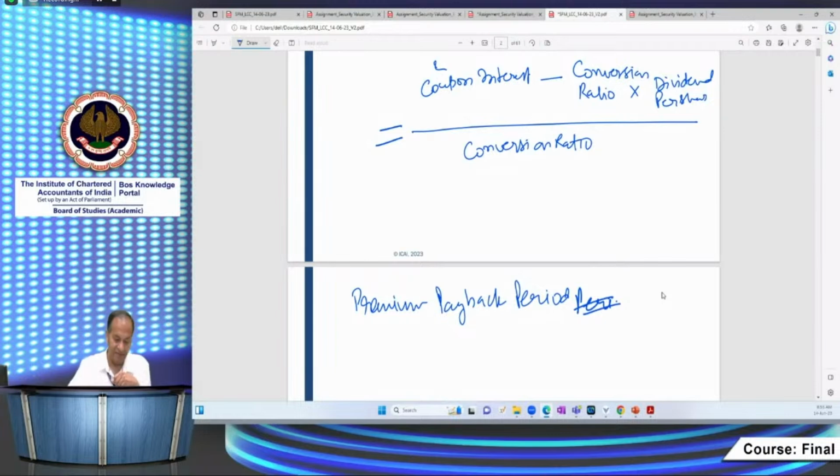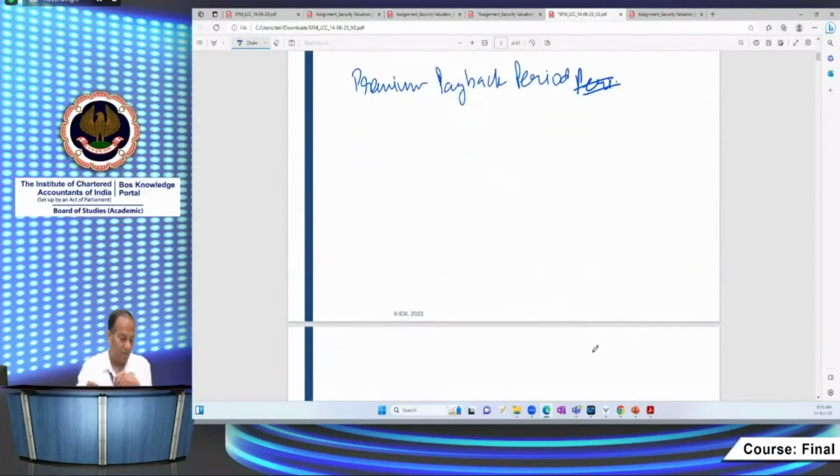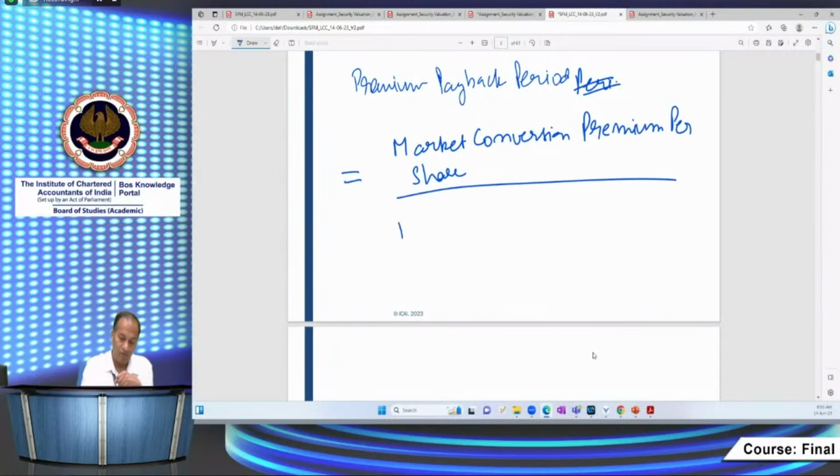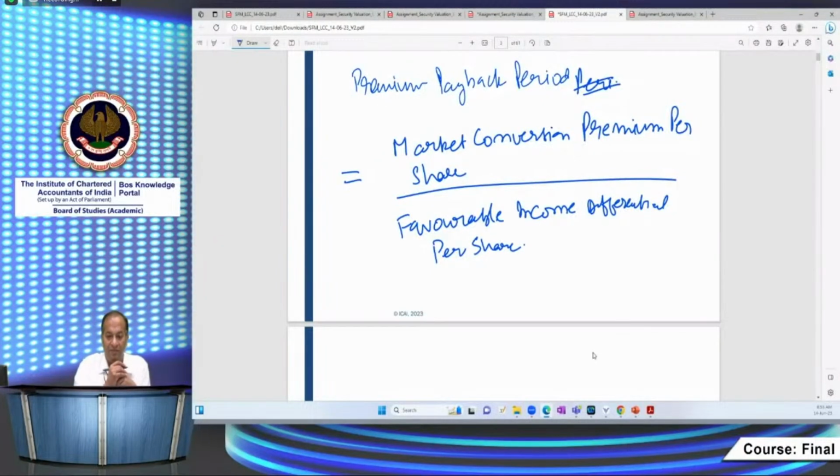Okay, so the formula is market conversion premium per share divided by favorable income differential per share, because we have paid some premium.